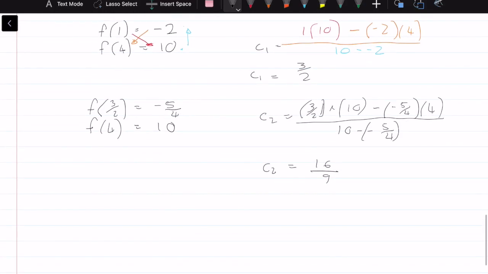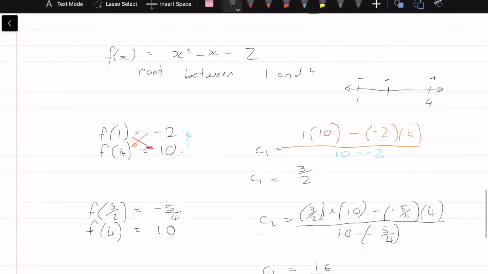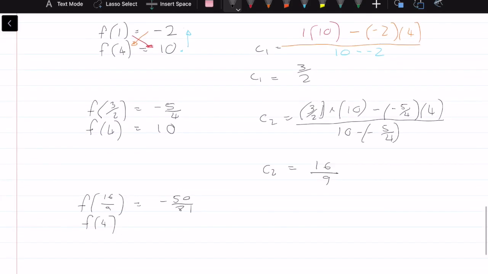Now we plug c2 in, so f of 16 over 9 is equal to minus 50 over 81, and we're still working with f of 4 because again we have a negative number and a positive number, so we have 10 here. We do the same method to get c3, and we come out with c3 equaling 1.906977. So that would be our answer for 3 iterations.